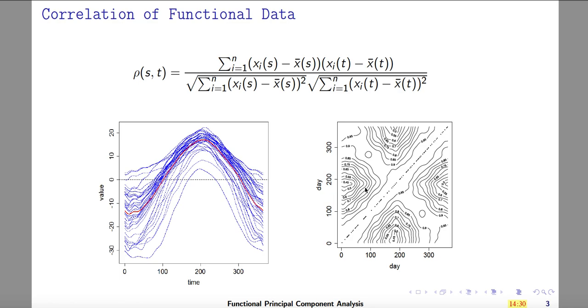We can see something from this temperature data because the temperature curve is still pretty simple, almost like a quadratic curve.